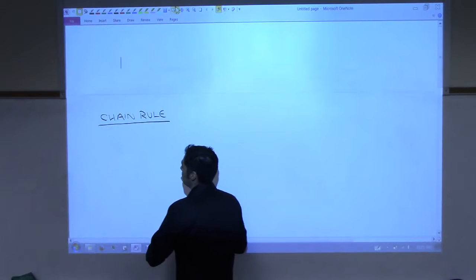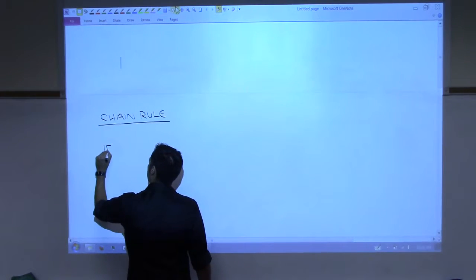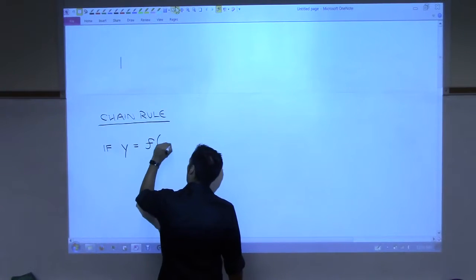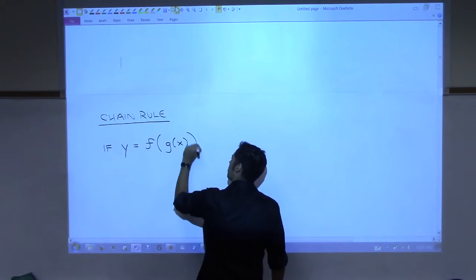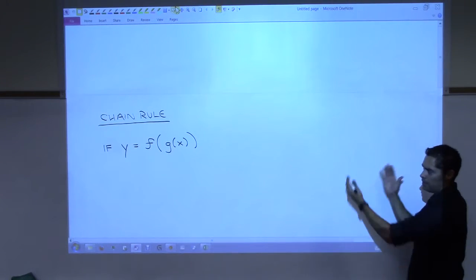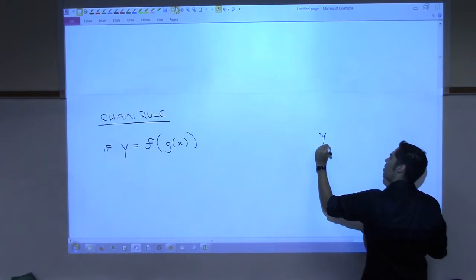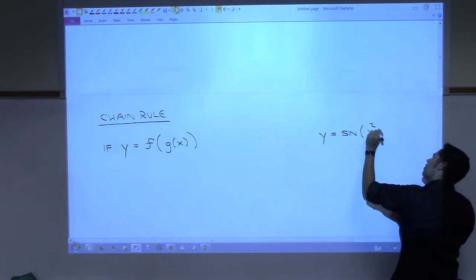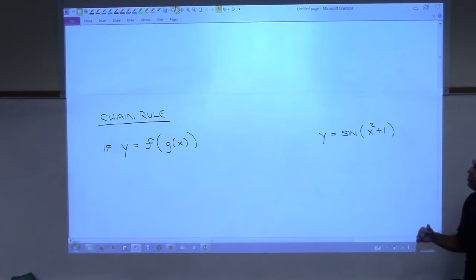Here's what the rule says. If y is some function with some other function plugged into it, something like y equals sine of x squared plus 1, that would be an example of a function with a function inside.